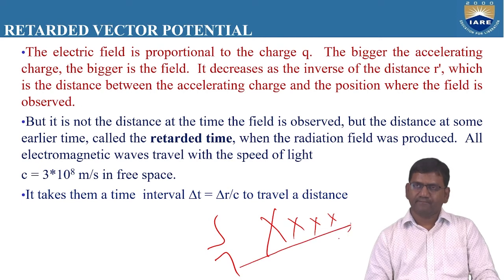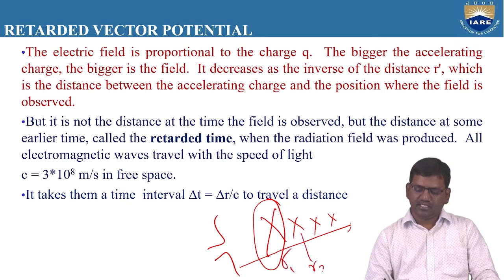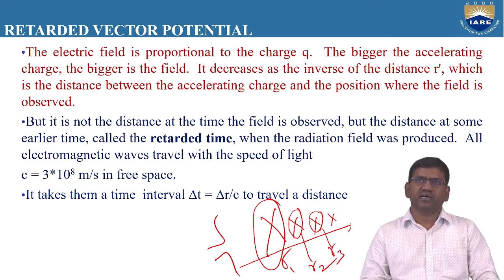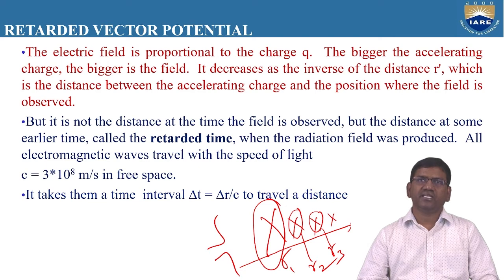See here the electric field is maximum, the distance R1 is very small. At this larger distance, the radiation field is very less, and at this still larger distance, the radiation is still less. As the distance from the antenna into free space increases, the electric field produced by the antenna decreases.